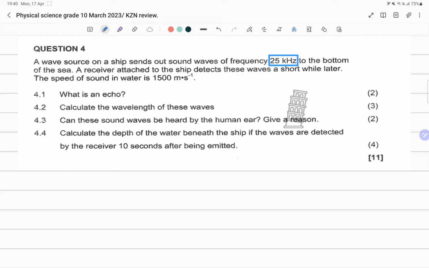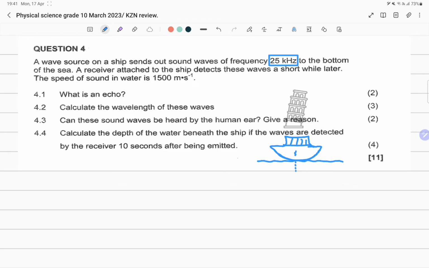Meaning, if we've got this ship sitting right here, and let's just say this is the surface of the water, and we've got this ship over here, so we've got the ship here, and then it's going to send a sound wave.